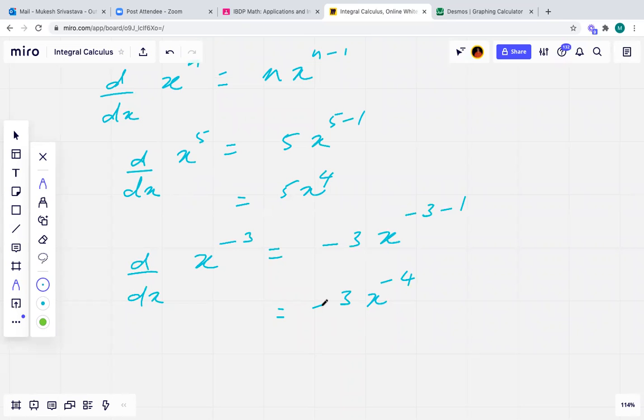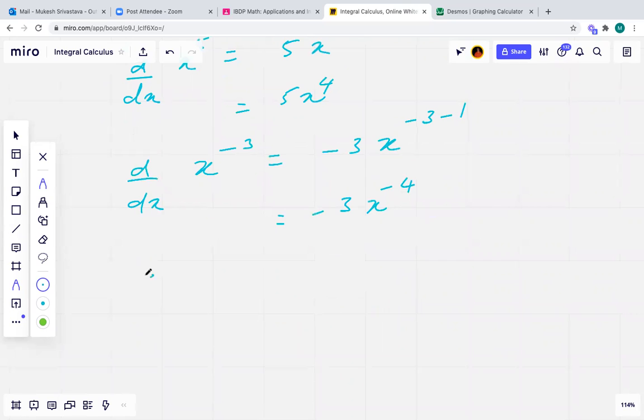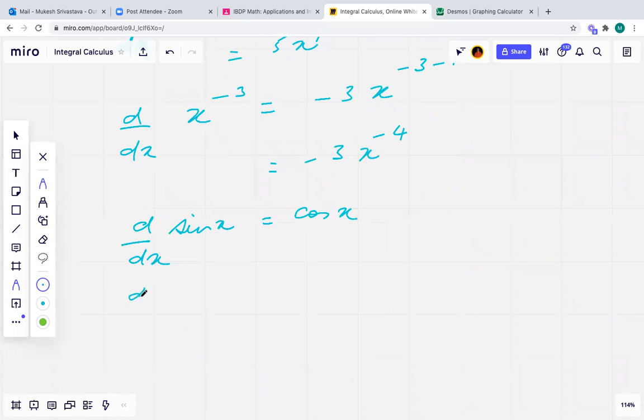The formula booklet tells you that the derivative of sine x is cos x. The second derivative of sine x is the derivative of cos x, which is minus sine x.